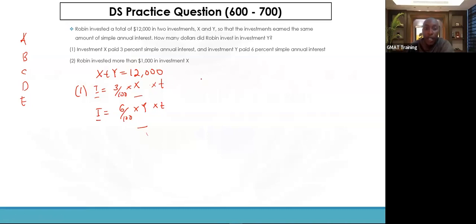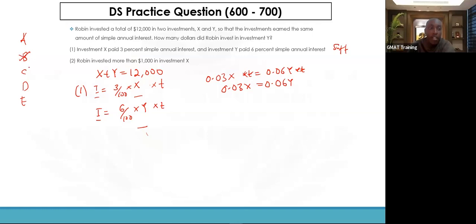You'll have 0.03x times T equals 0.06y times T. And you can have 0.03x equals 0.06y. You can make X the subject of the formula and replace X, find the value of Y, and you can have your value of Y. Therefore, statement 1 is sufficient.